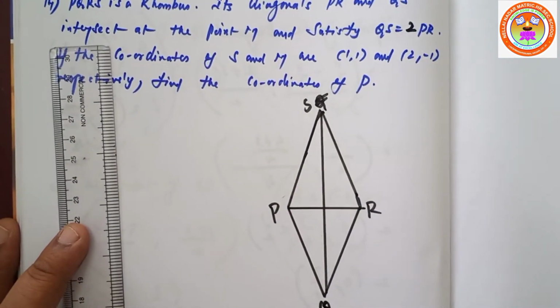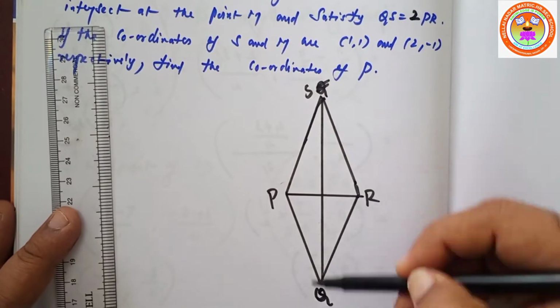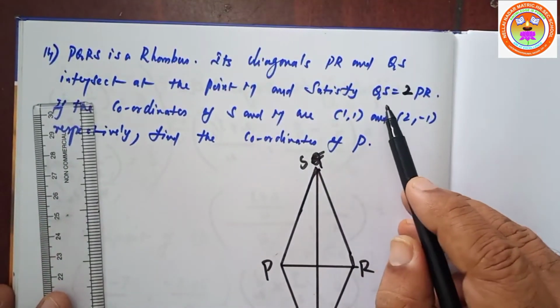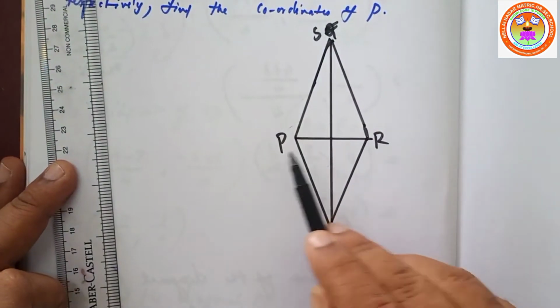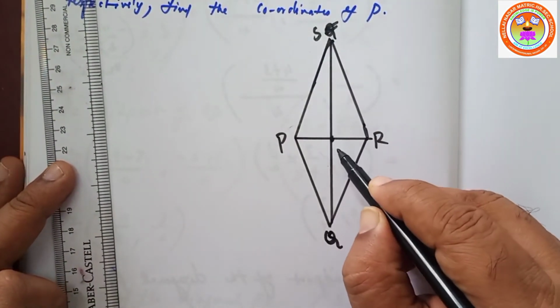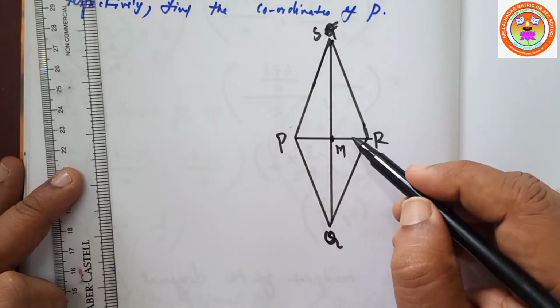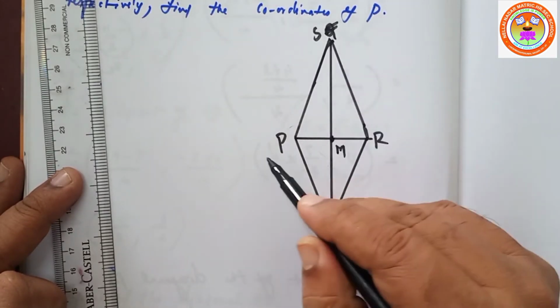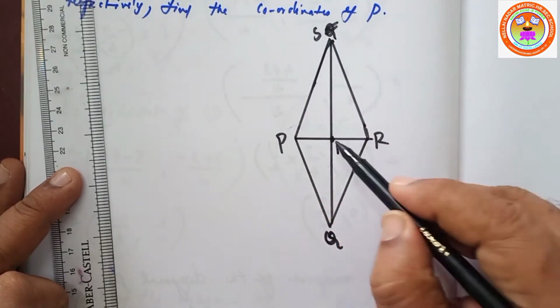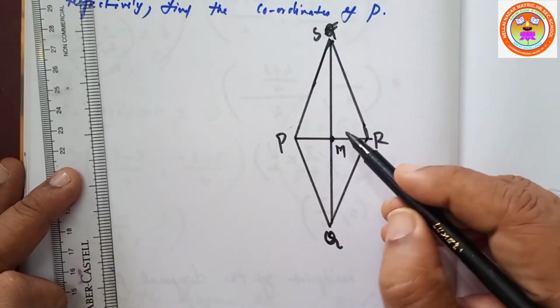Okay. It is a rhombus. QS is greater in length according to the problem. QS equals double PR, so PR is shorter in length. Here the two diagonals QS and PR intersect at M. That is given in the question itself. Here M is the midpoint of the diagonals.